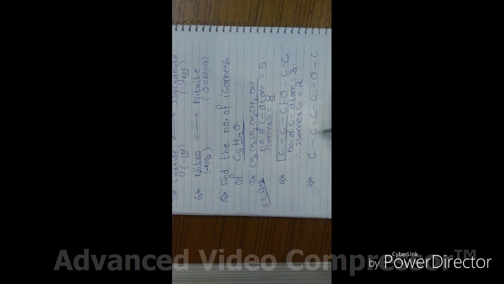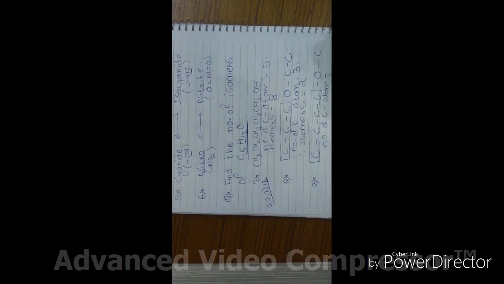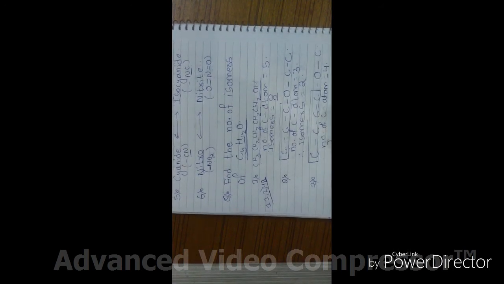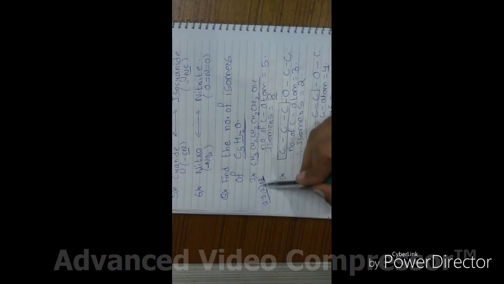So simply write down the carbon. Here is the number of carbon atoms. You have to choose the longer group. This is the longer group and here 4 carbon atoms are present. So isomers equal 4, the number of carbon atoms means 4 isomers.